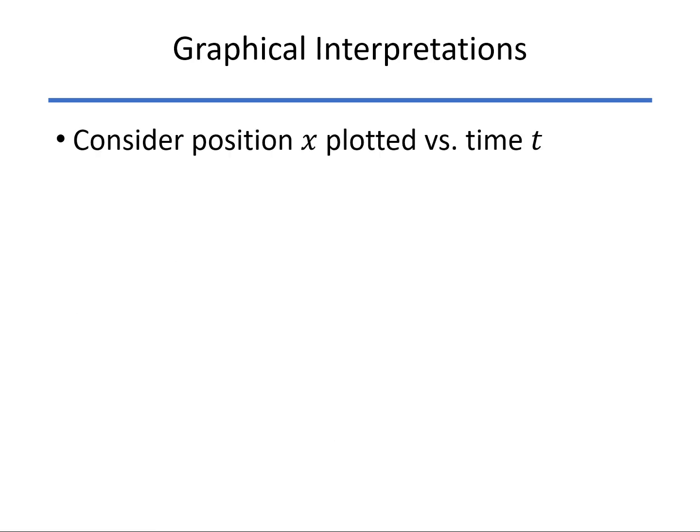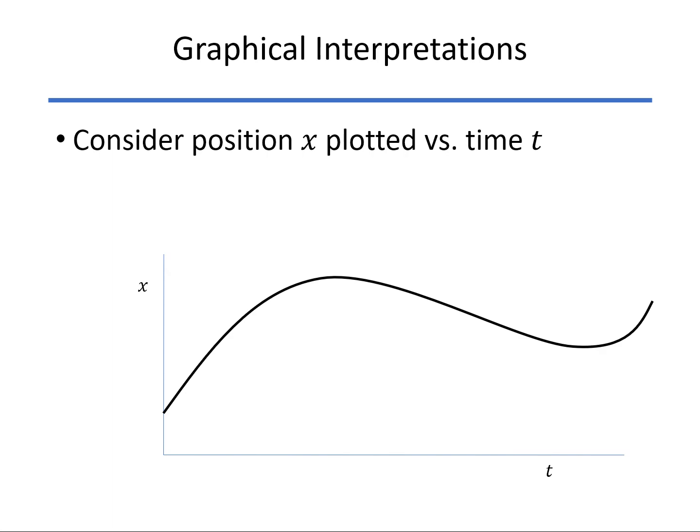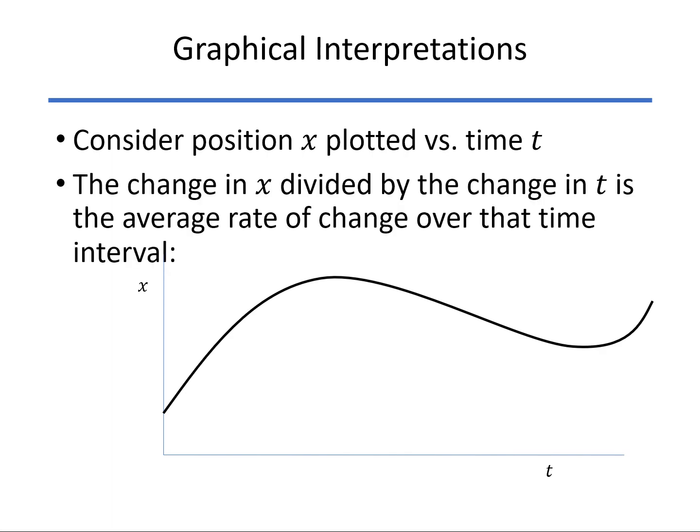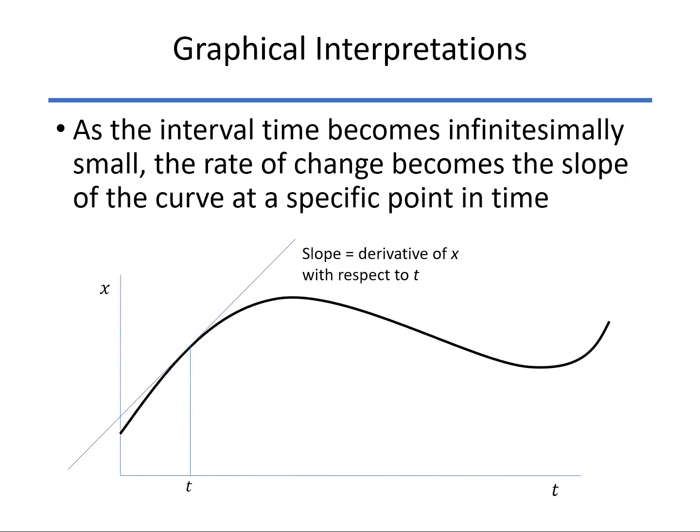We do a lot with graphs in here, so let's take a look at the interpretation that we would do graphically. Here's the position x plotted as a function of time. If I look over a small time period delta t, and over that time I've gone a distance of delta x, and I look at delta x over delta t as this becomes a smaller and smaller delta t and goes to a point, you can see that the slope is going to be the velocity.